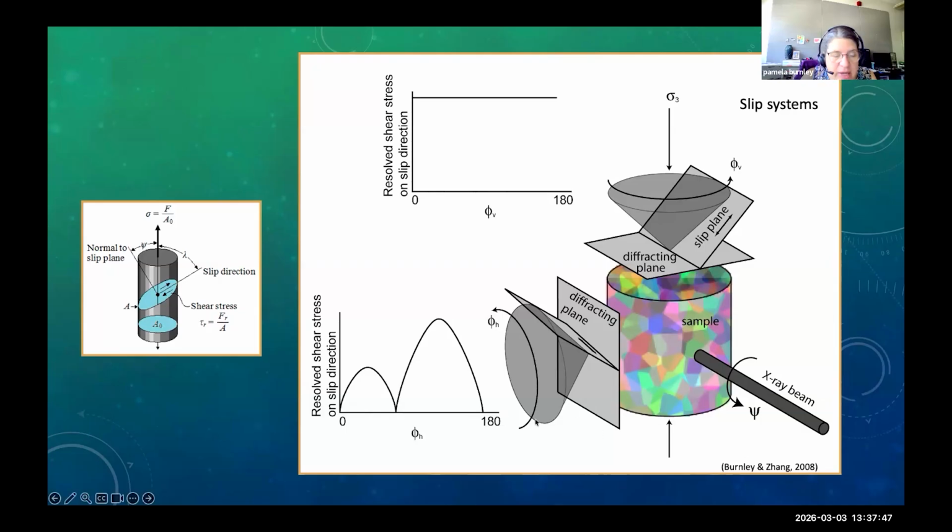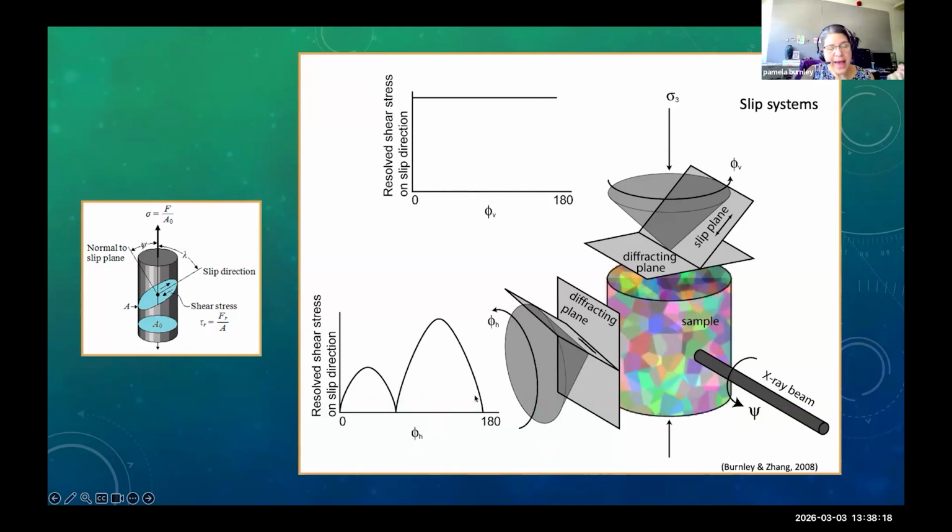This little cone is showing all of the grains can have slip planes that participate in this little cone. Now, the difference is if you look at the resolved shear stress on the slip direction as a function of this angle going around that way, it goes like this, right? So you have a group of grains that are diffracting together, but in terms of deformation, they're doing all kinds of totally different stuff.